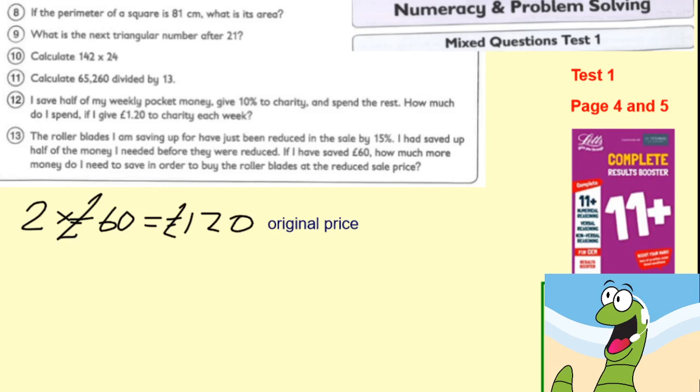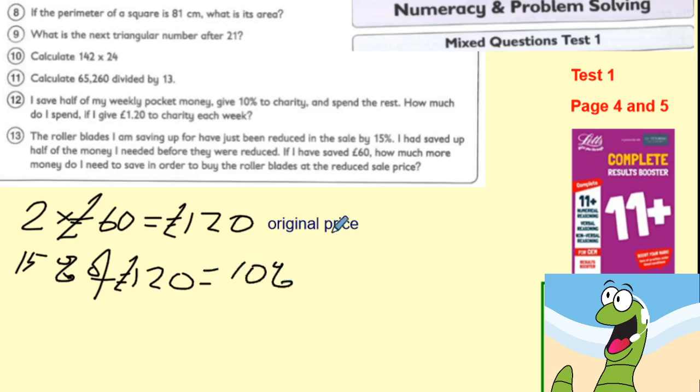So, 15% of £120. Well, 10% would be £12, and 5% would be half of that, so that would be £6.